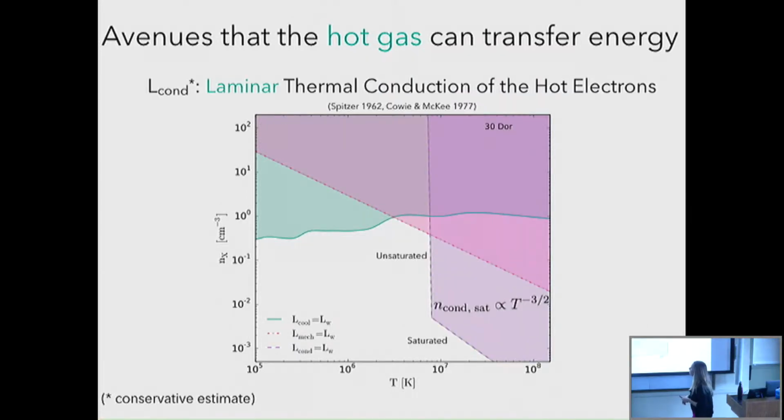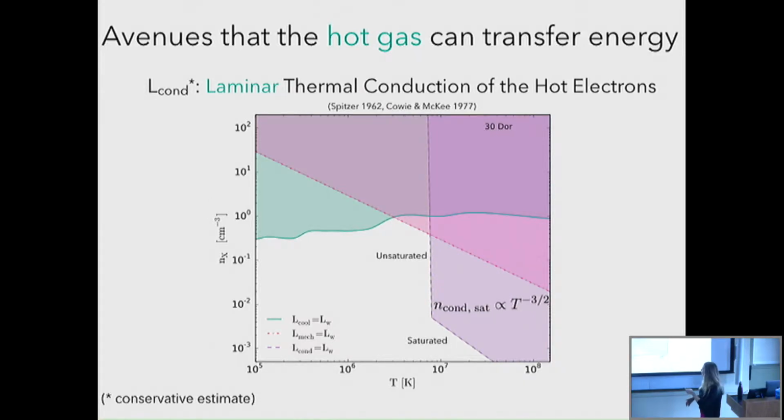We also took into account thermal conduction, so laminar thermal conduction, the typical Spitzer analysis, which is highly dependent on temperature, which is why you see this large spike, and this can actually be quite efficient at removing the energy. Now, this is a conservative estimate because magnetic fields will actually affect this. For example, you can highly suppress conduction if there are magnetic fields between the hot and cold interface, which there likely are for H2 regions.